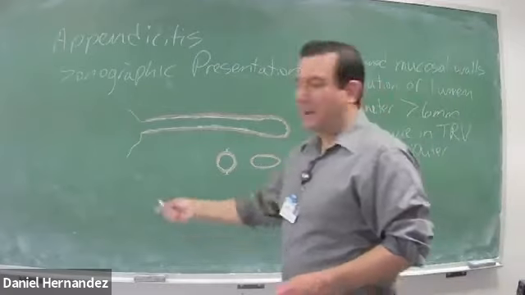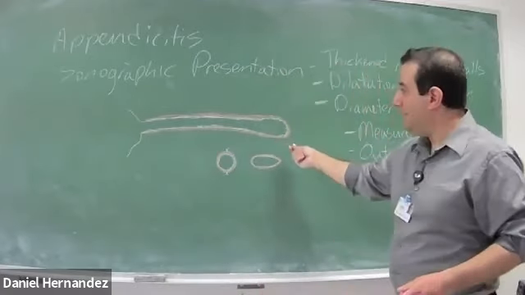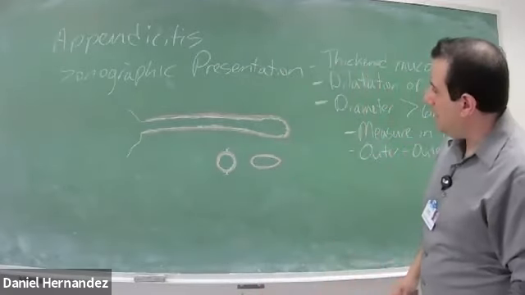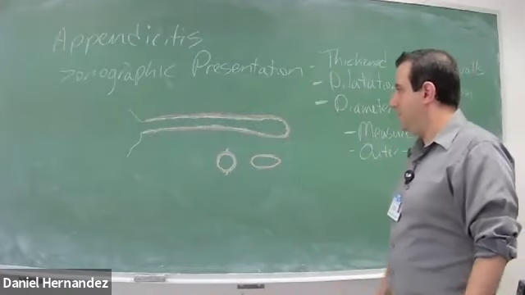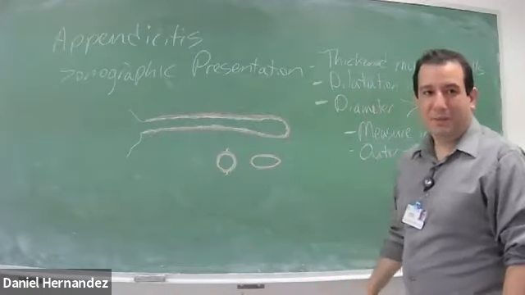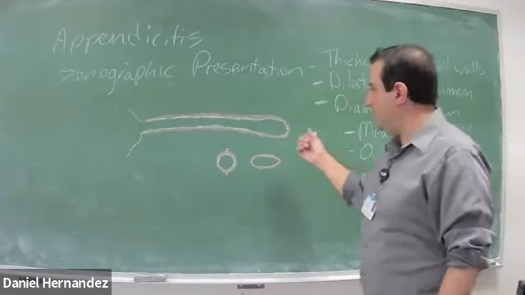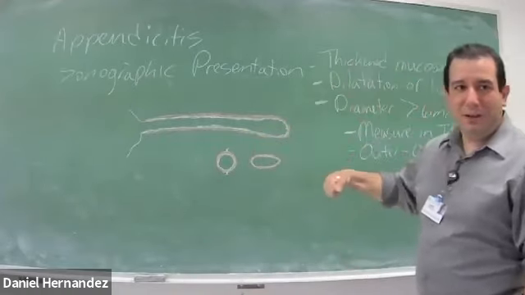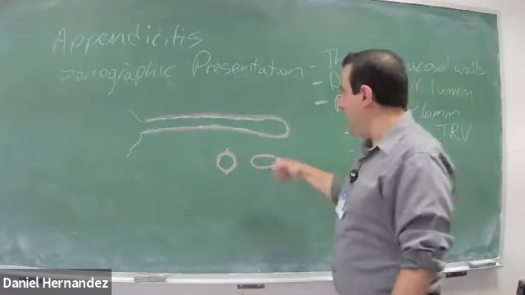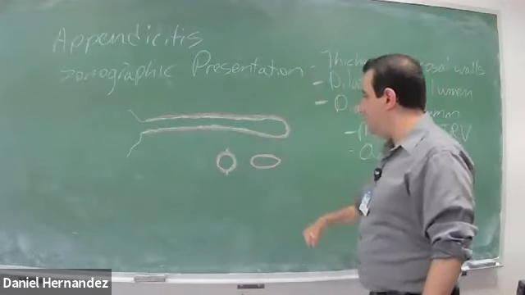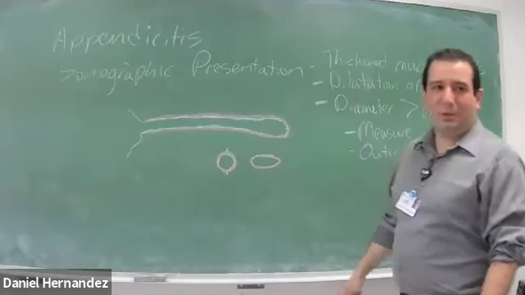I was able to see the appendix in long, a nice image, inflamed, hyperemic, hypervascular. But when I tried to get a transverse view for a good measurement, no matter how I angled or turned, I couldn't get a nice circle. What is going on with this thing?